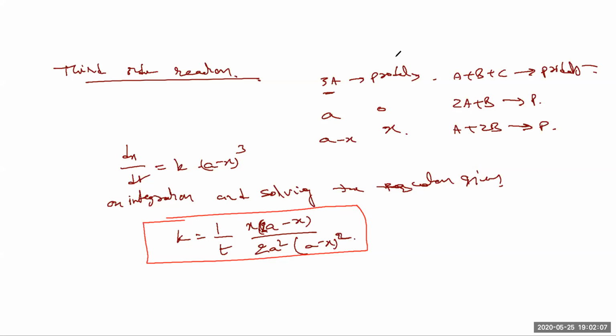Yeah, see this one. Next, the characteristics of third order. The half-life period definition is always the same; I'm not giving it again and again.